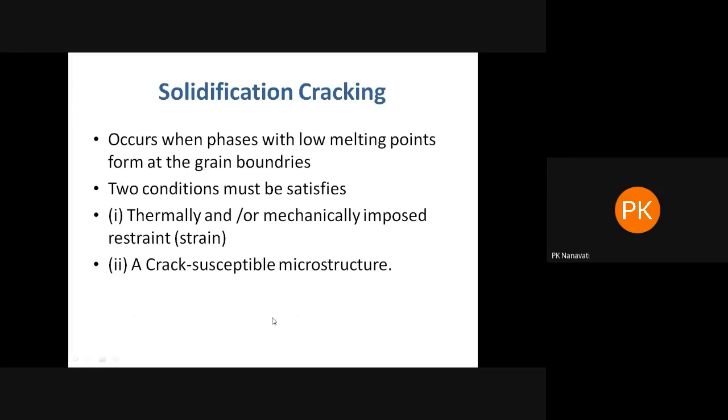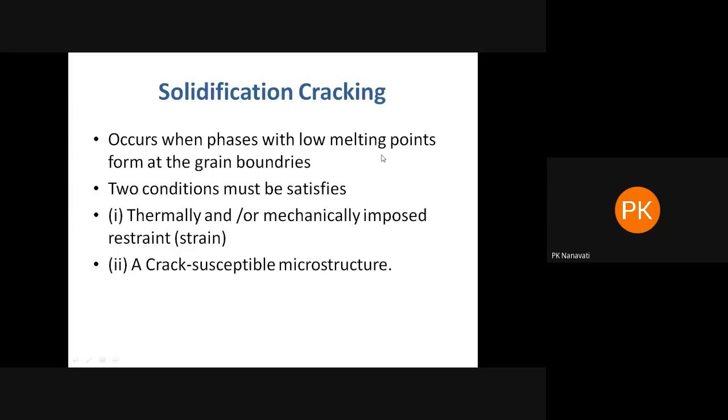Now, how is solidification cracking occurring, right? There are two conditions. First, in the microstructure there must be some presence of low melting point elements and phases. Low melting point means if there are sulfur and phosphorus in the composition, the sulfur and phosphorus are not going to freeze at the temperature at which the rest of the alloying elements are freezing, right?